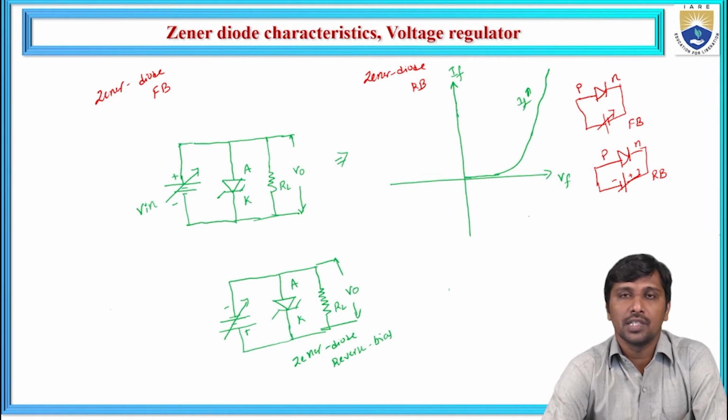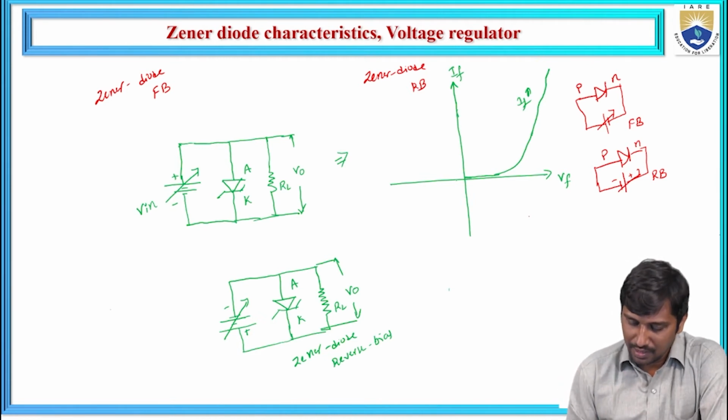Due to the formation of a very thin depletion region because of this doping concentration, it requires a very small reverse voltage to break down the diode. Hence, whenever the diode breaks down, it allows the maximum current to flow under this condition.